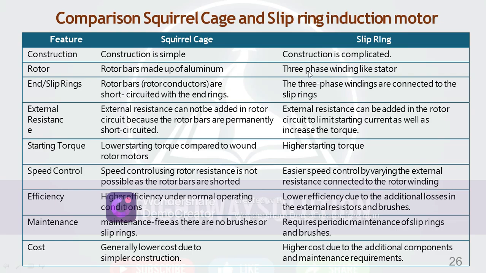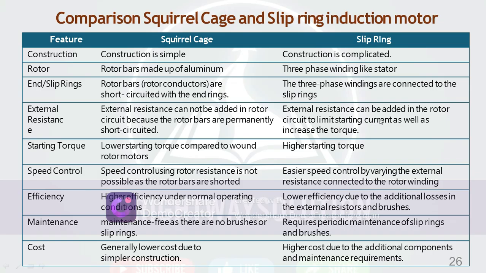Here the motor three-phase winding is linked like the stator. In a squirrel cage there are short-circuited end rings, and no slip rings are provided. In slip ring motors the windings are connected to slip rings, and an external rheostat can be connected. In the squirrel cage it is not possible to connect external resistors. Here there is a provision, a scope to connect external resistances.